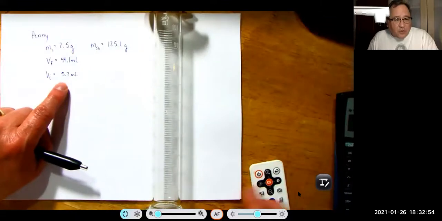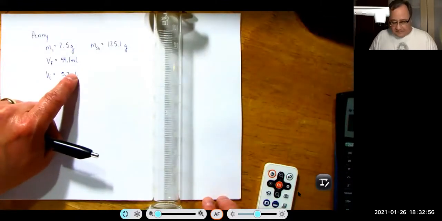So based on what we learned in the previous lab, if each smallest division is 1 milliliter, we can measure to 1/10 of a milliliter. So that's why my values that I've written down here are recorded to the 1/10 of a milliliter.